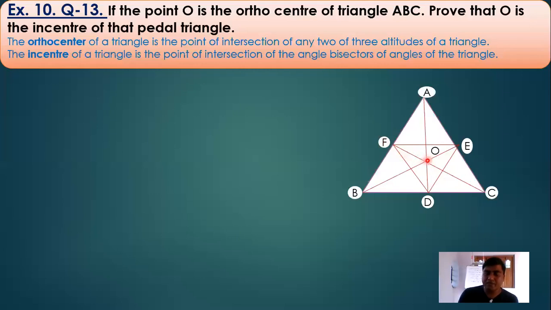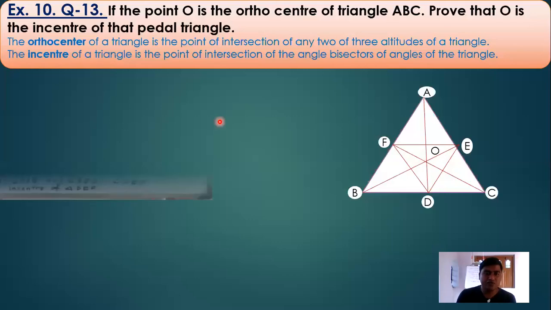That is, we prove OD is the angle bisector of angle FDE, and OE is the angle bisector of this angle, that means angle OEF equals angle OED, and OF is the angle bisector of the angle DFE.